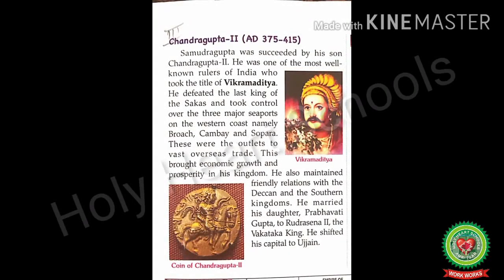These were the outlets to vast overseas trade. This brought economic growth and prosperity in his kingdom. He also maintained friendly relations with the Deccan and the southern kingdoms. He married his daughter Prabhavati Gupta to Rudrasena II, the Vakataka king. He shifted his capital to Ujjain.